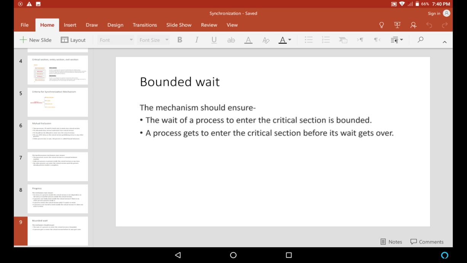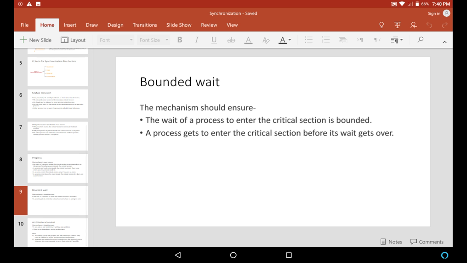That means the waiting amount should be bounded: this is the maximum number of times P1 can enter the critical section while P2 has to wait. What do we mean by bounded wait? The wait of a process to enter the critical section is bounded. The process gets to enter the critical section before its wait gets over. The amount of time it has to wait is called bounded wait.